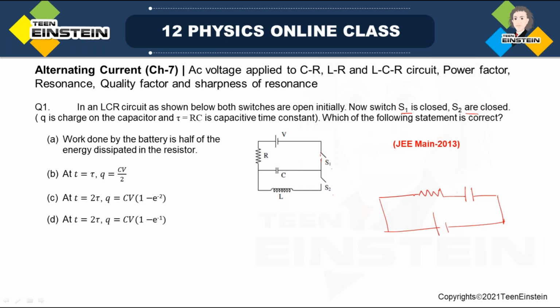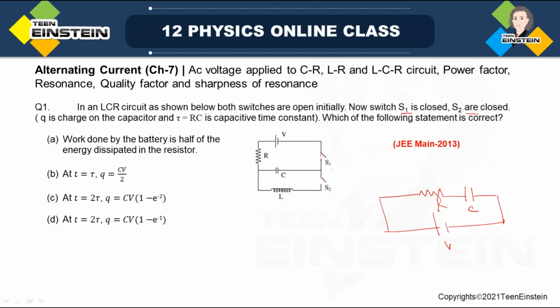Whenever you want to charge a capacitor, you take one R and connect R and C in series like this, with the battery, this is a DC battery. So this is kind of charging of capacitor.